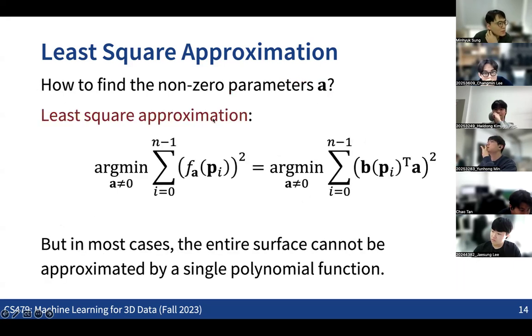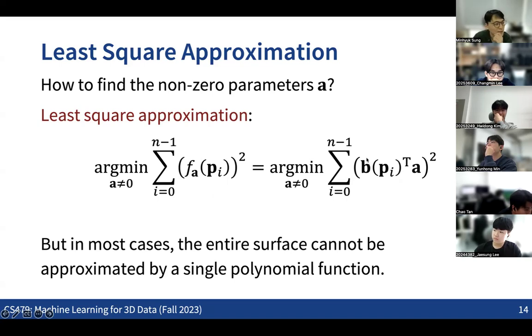The question is how to find the non-zero parameter vector A here. For that, we could simply use least square approximation. What we know is that the function value for each of the points that we have should be 0, right? So we are minimizing the square of the function outputs for all the points, while finding non-zero parameters A here. That's basically what we are going to do.